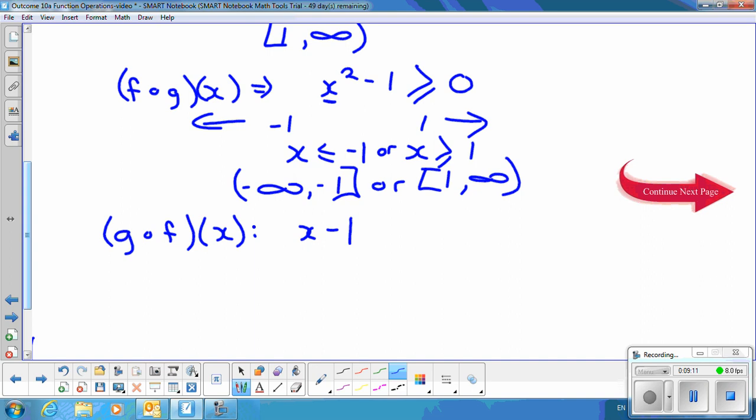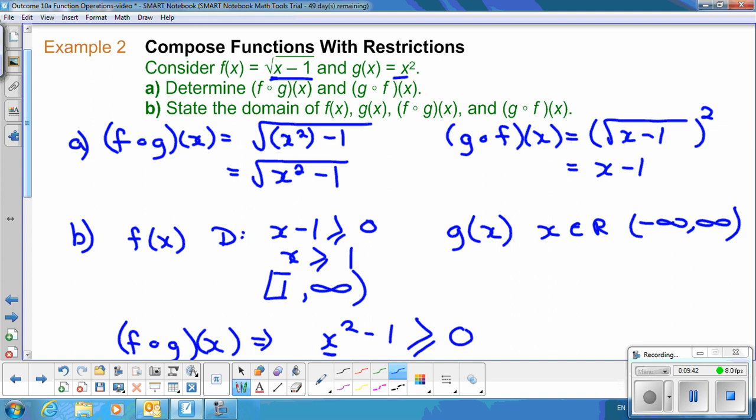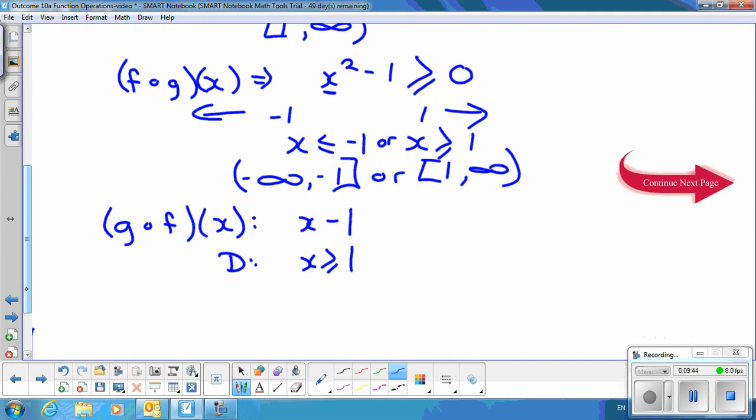So because f of x had a domain of x being greater than or equal to 1, this is also our domain for g of f of x. So just to clarify, we cannot substitute into f of x values such as negative 2. If I substitute in negative 2 in there, I end up with an undefined value. That means I can't substitute in all of those values, so those restrictions then apply when I do f of g of x.